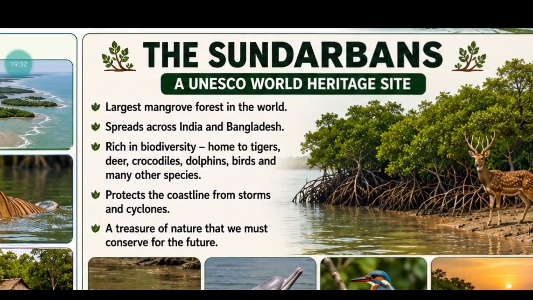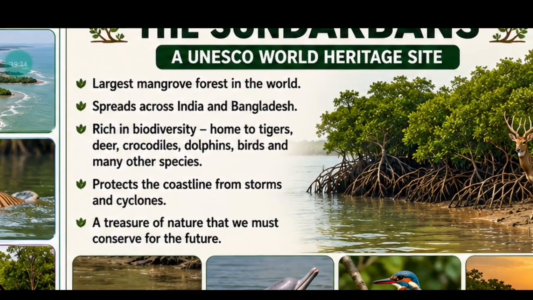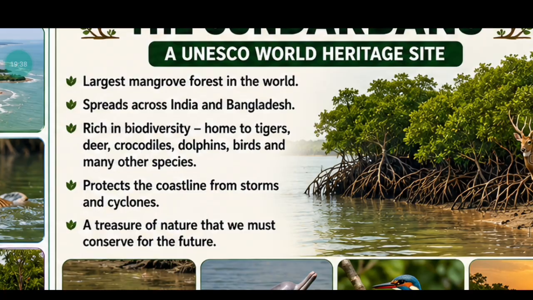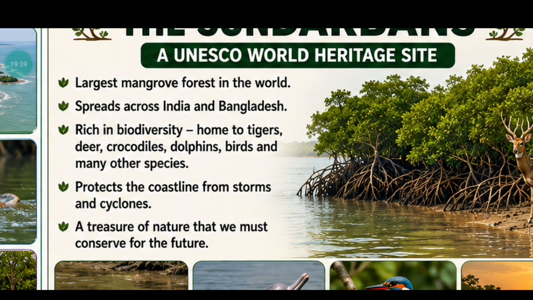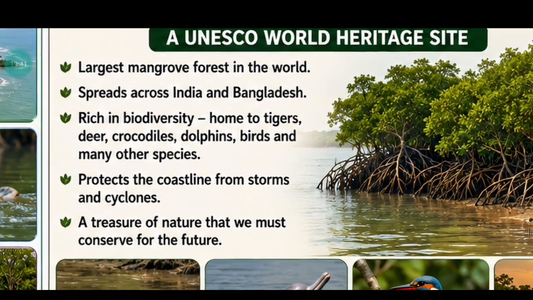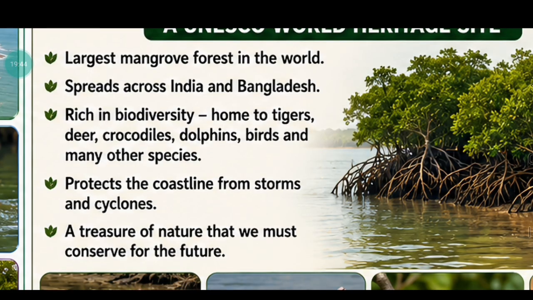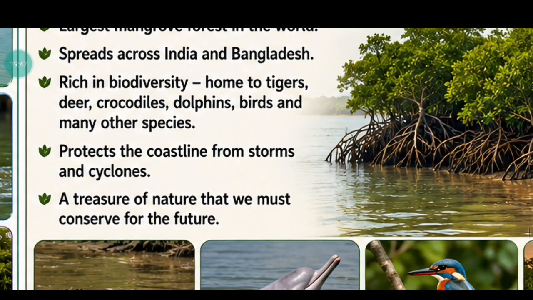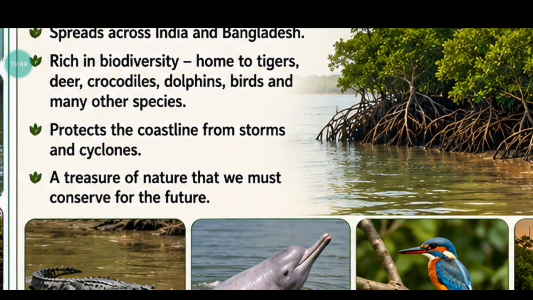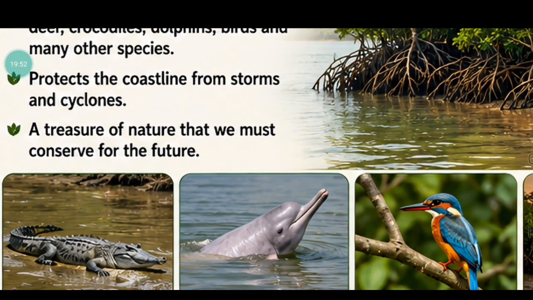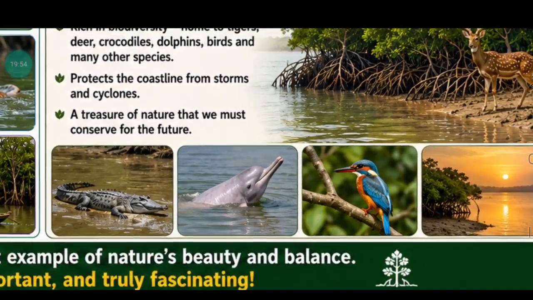The features of Sundarbans: largest mangrove forest in the world, spreads across India and Bangladesh, rich in biodiversity, home to tiger, deer, crocodile, dolphins, birds and many other species, protects the coastline from storms and cyclones, and a treasure of nature that we must conserve for the future.